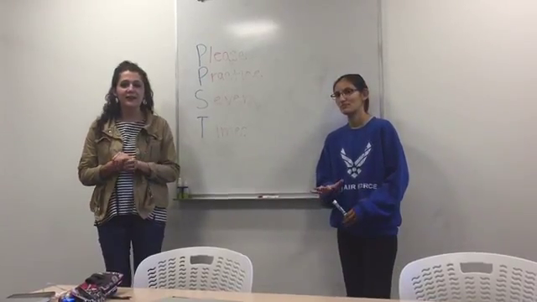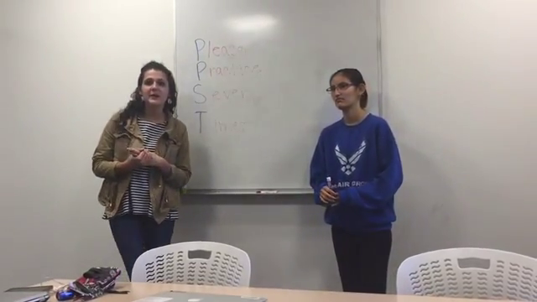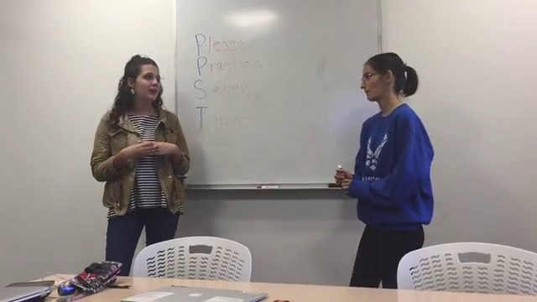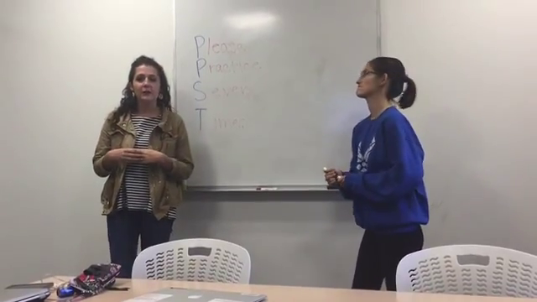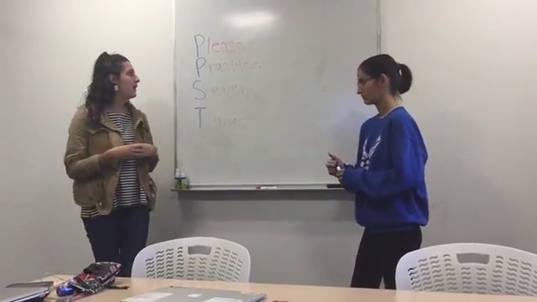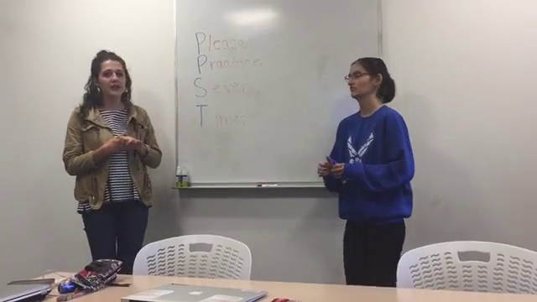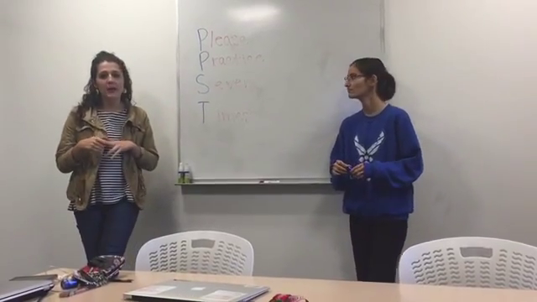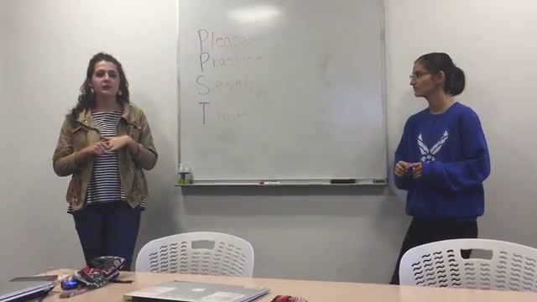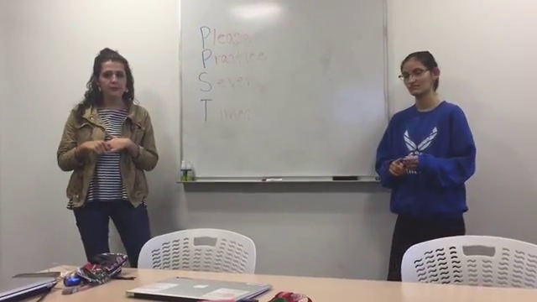Okay, so today we're going to be reviewing the energy pyramid and the order of the food chain. We're going to start by reviewing the acrostic sentence that we learned yesterday, and it's please practice 7 times. So if we remember, that's the order of the food chain.